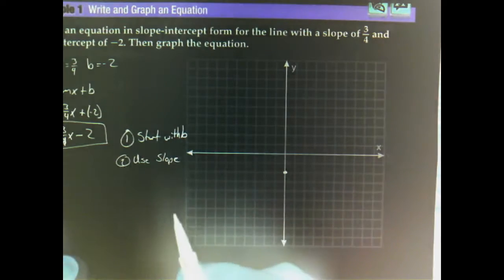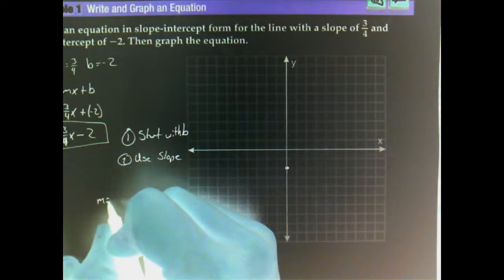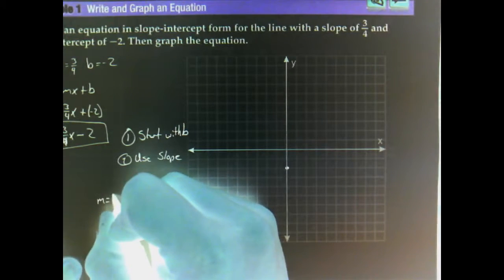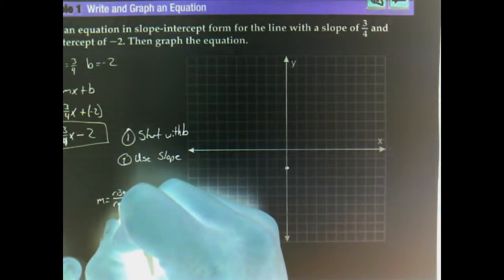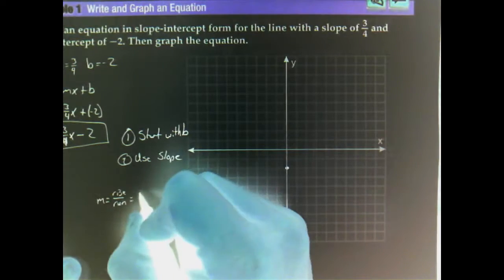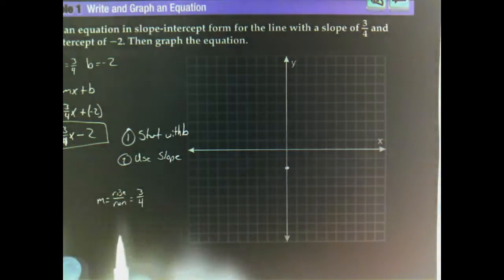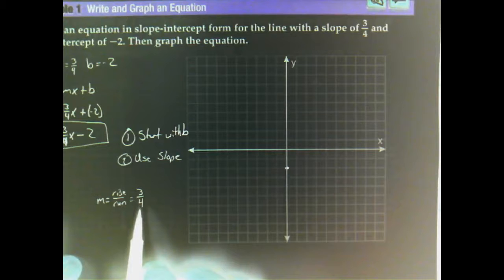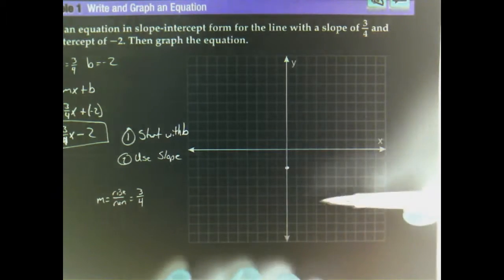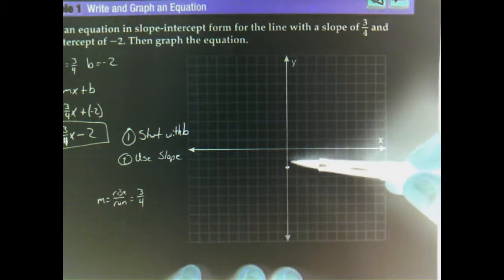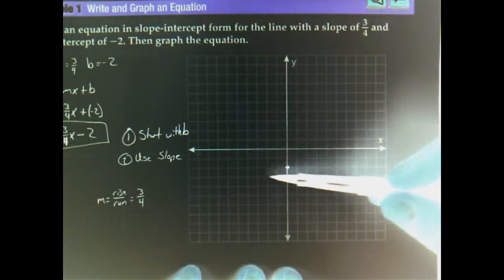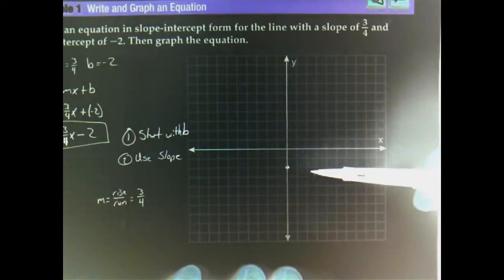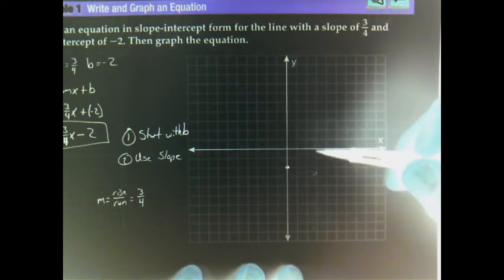Use the slope. So my slope is rise over run. And my slope for this equation is 3/4. So that means it rises 3 units for every 4 that it runs. So from my point on my y-intercept, I know my line will cross here. So my line has to go through here at some point. Now I just use my slope to count out another point.